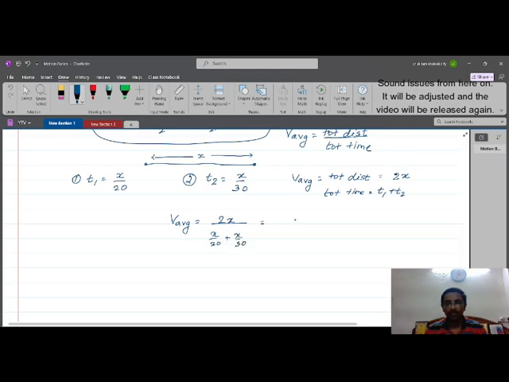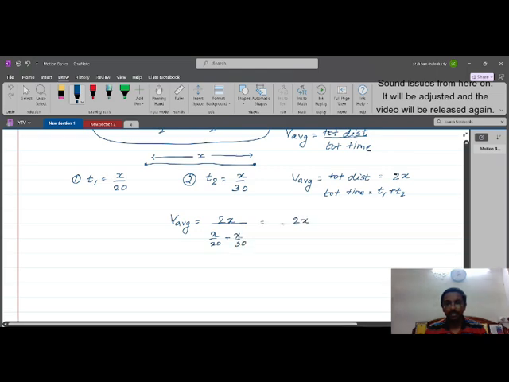That's a matter of simple calculations here, and we have 30x plus 20x. I usually do not take LCM for small values which can be calculated easily. 30 plus 20 is 50x.